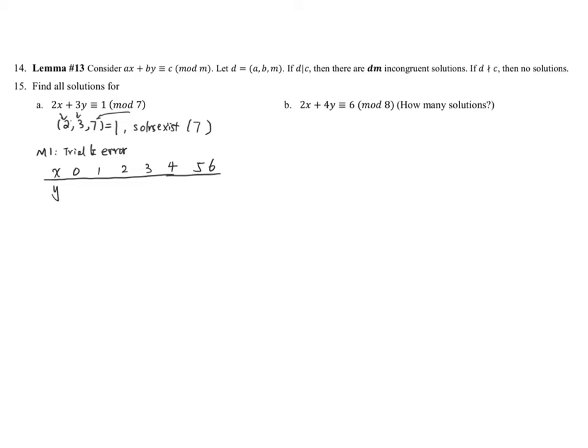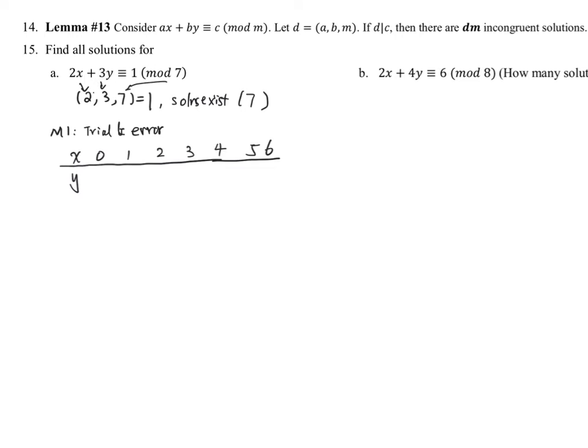For each value of x, I just need to solve for y. So in other words, when x is 0, my linear congruence becomes 2 times 0, which is 0, so 3y congruent to 1 mod 7. We discussed this type of problem earlier. You could use trial and error, or multiply by the inverse of 3 to find the solution.